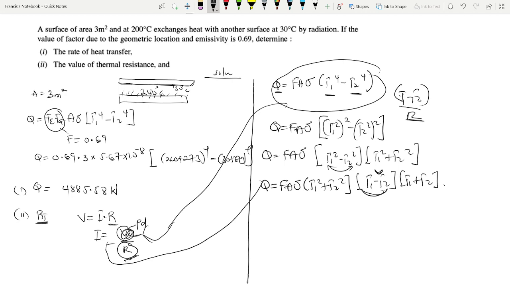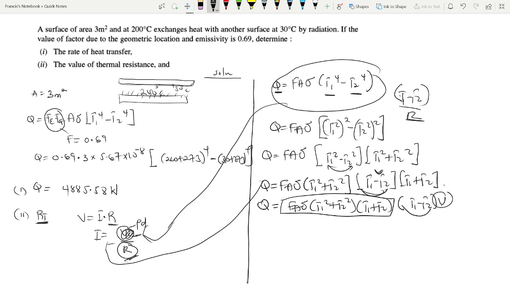So Q equals F A sigma (T1 squared plus T2 squared)(T1 plus T2) multiplying (T1 minus T2), where the last term is our potential difference V. The resistance is supposed to be a denominator, so our thermal resistance becomes 1 over F A sigma (T1 squared plus T2 squared)(T1 plus T2).